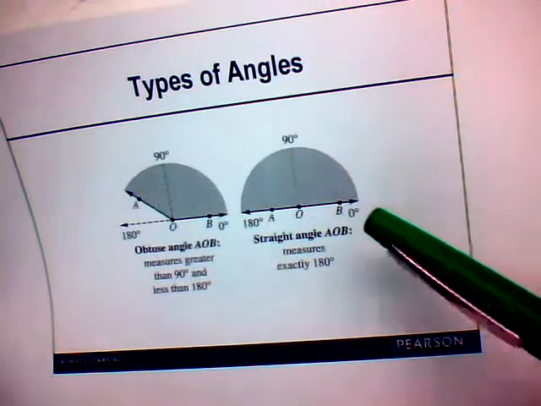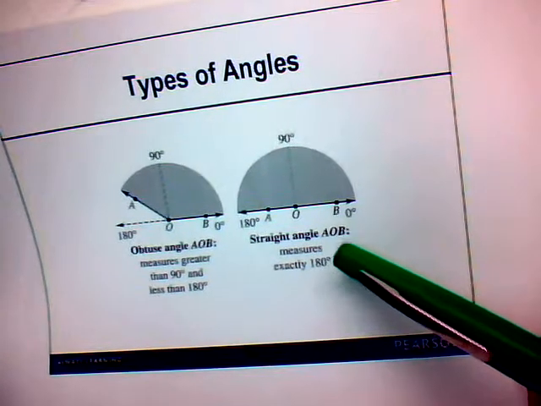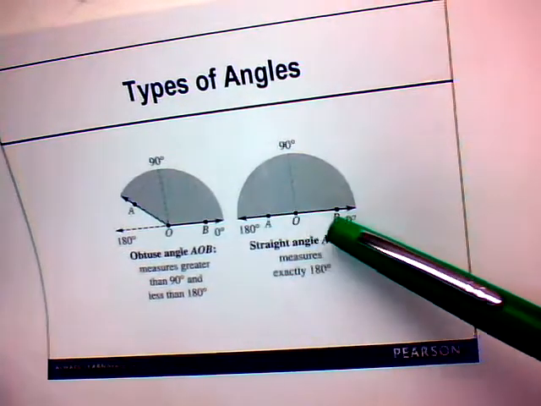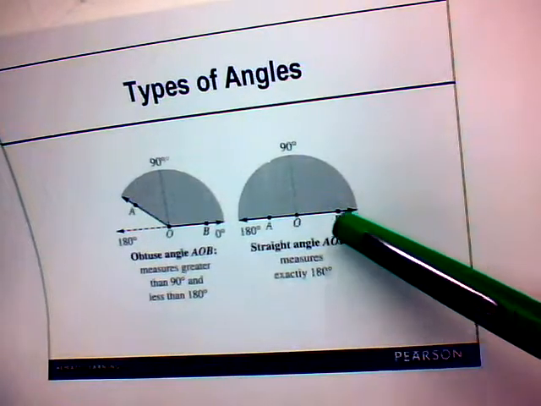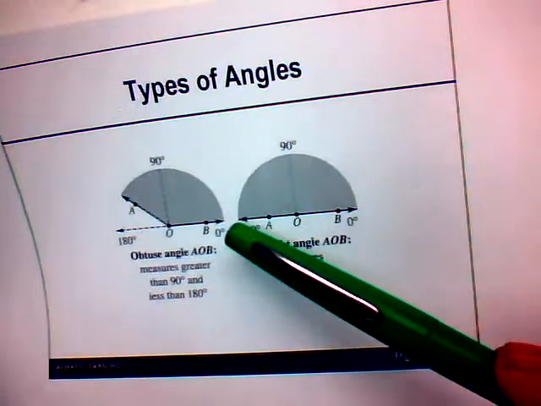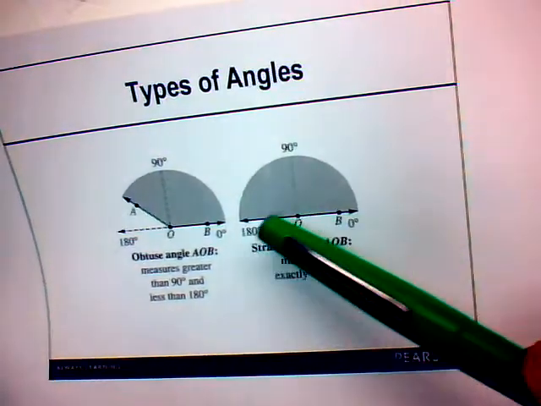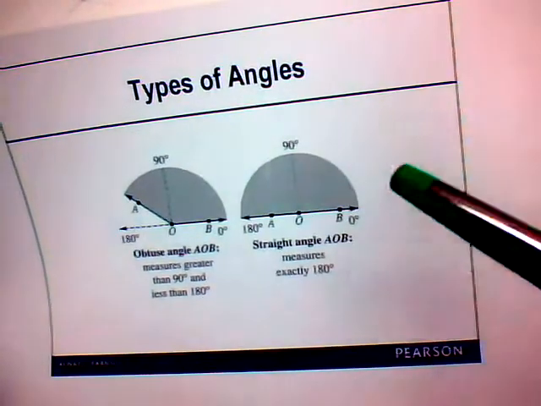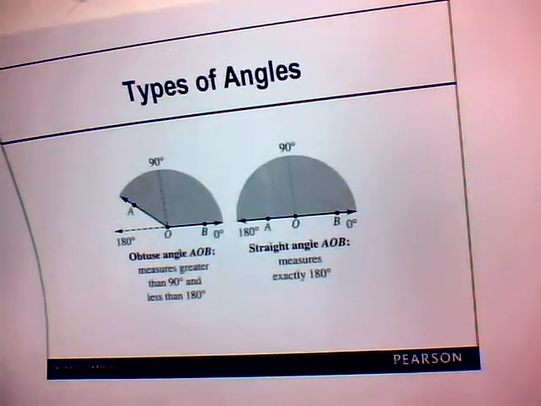And then, finally, you have a straight angle, angle AOB. A straight angle is a measure of exactly 180 degrees. Another way of looking at a straight angle is that the line is a straight line. And in a straight line, the angle measure will always be 180 degrees.